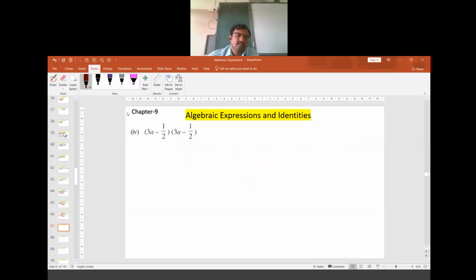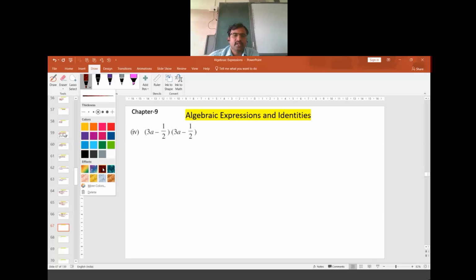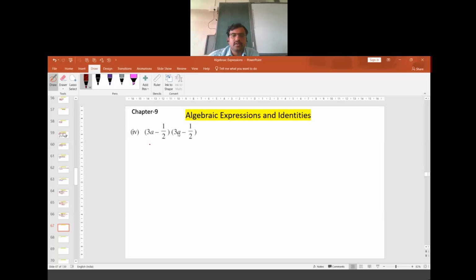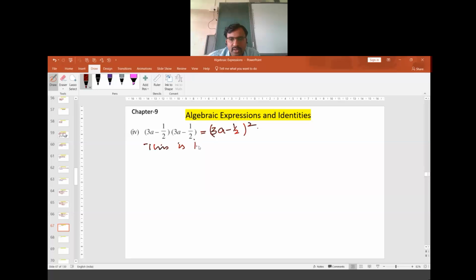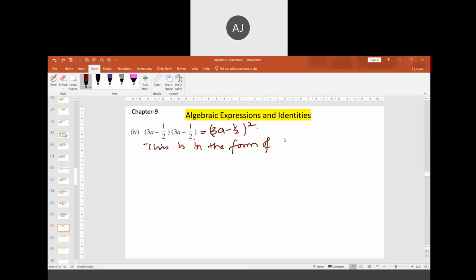Now tell me which identity to be used. Sir, a minus b whole square is equal to a square plus b square minus 2ab. Here a is equal to 3a and b is equal to 1 by 2. So this is in the form of a minus b whole square. Here, since one of the terms already has a, capital A should be used.